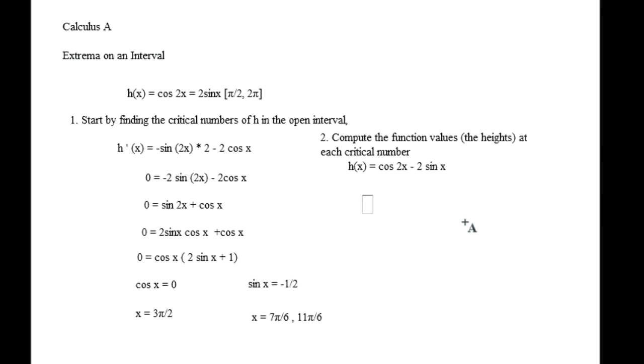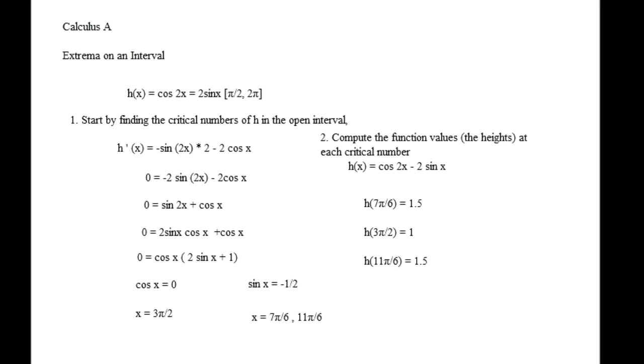So we would plug into h 7 pi 6, and we would get 1.5. We would plug into h 3 pi halves, and we would get 1, and we would plug into h 11 pi 6, and we would get 1.5.